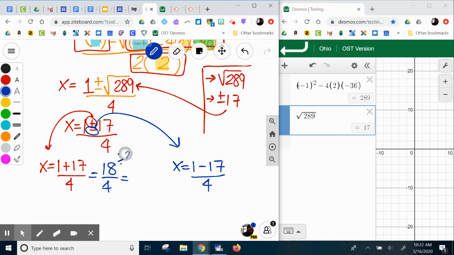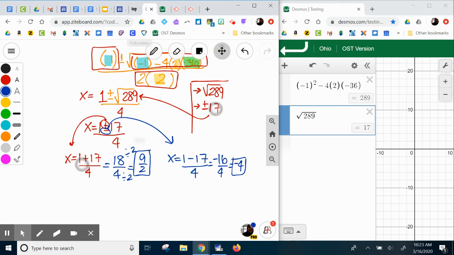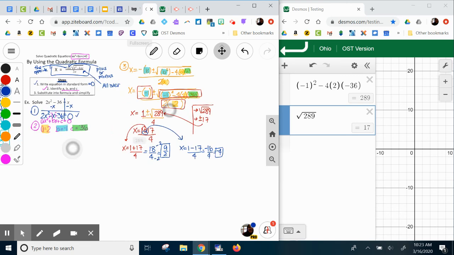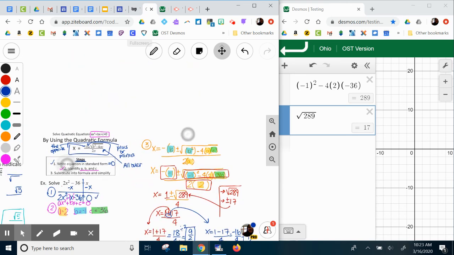I could take a 2 out of both those. So I get 9 halves. Okay, over here I've got negative 16 divided by 4, which gives me negative 4. So for this one, I have 2 answers. My 2 answers are 9 halves and negative 4.